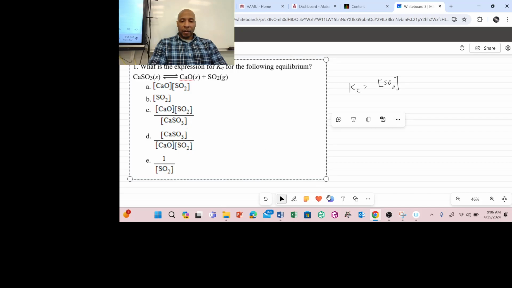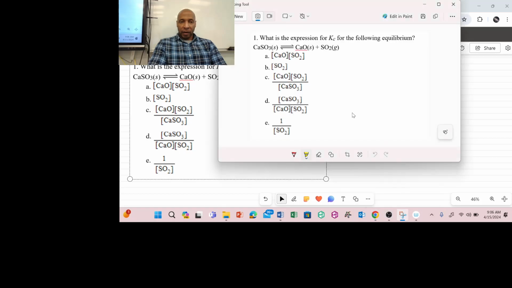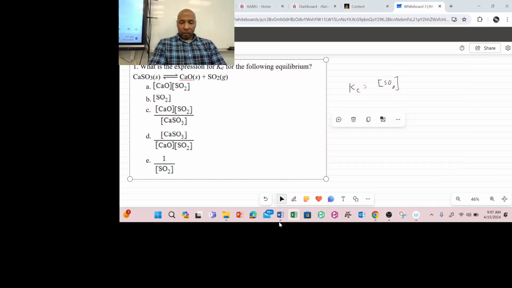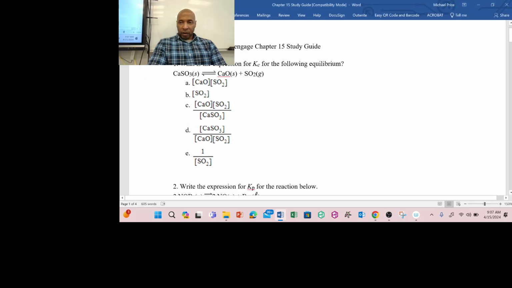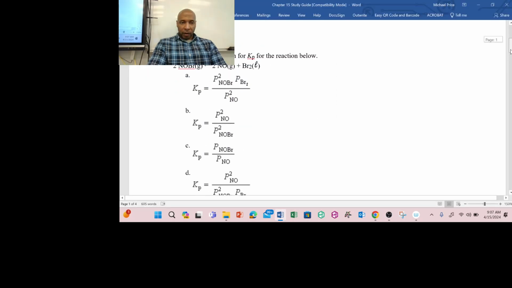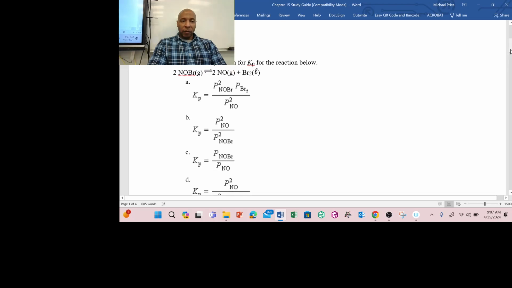Okay. Right. So let's go to number two. Write the expression for the Kp. Now, if you guys recall, if you're dealing with gases, the pressure of a gas is going to be proportional to the molarity.